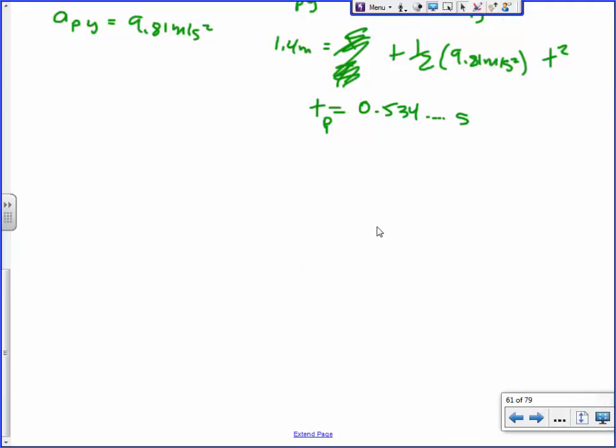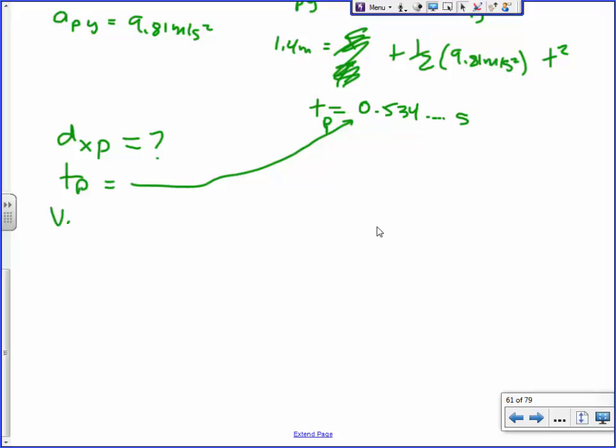Okay, in the x direction, we want to figure out the distance that we traveled in the x direction for the phone. That's the last thing we need to figure out. How far did the phone actually travel in the x direction? So that's our question mark. Well, we know the time the phone was in the air for, right? The phone was in the air for this amount of time right here, right? How fast was the phone traveling in the x direction?